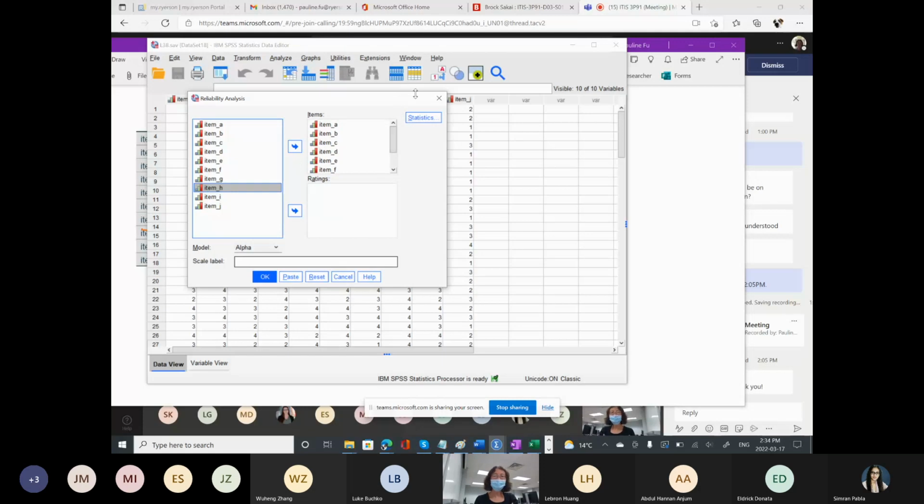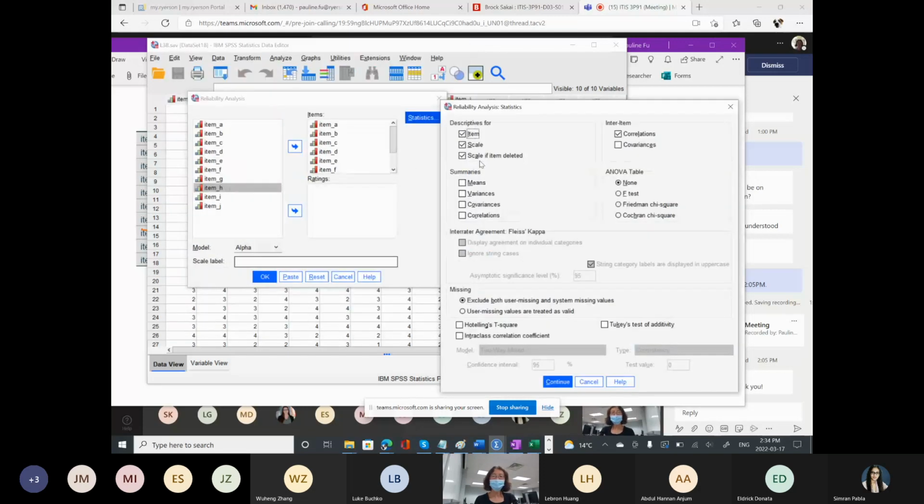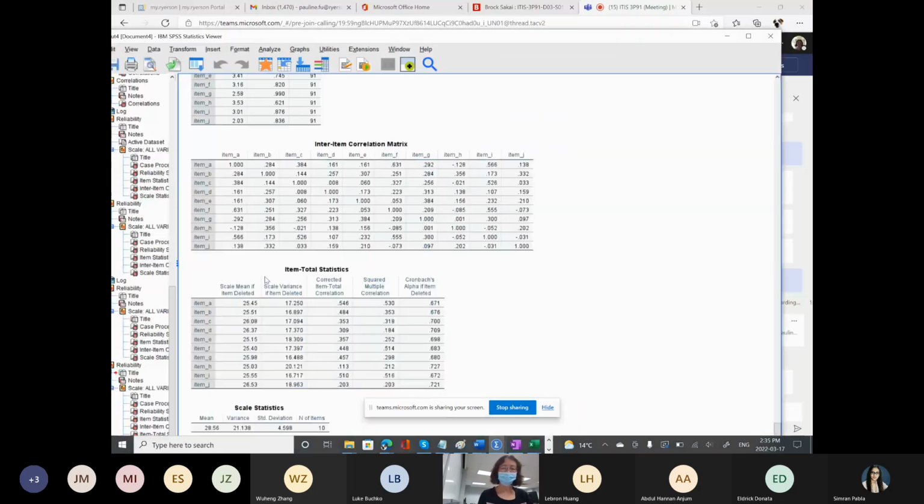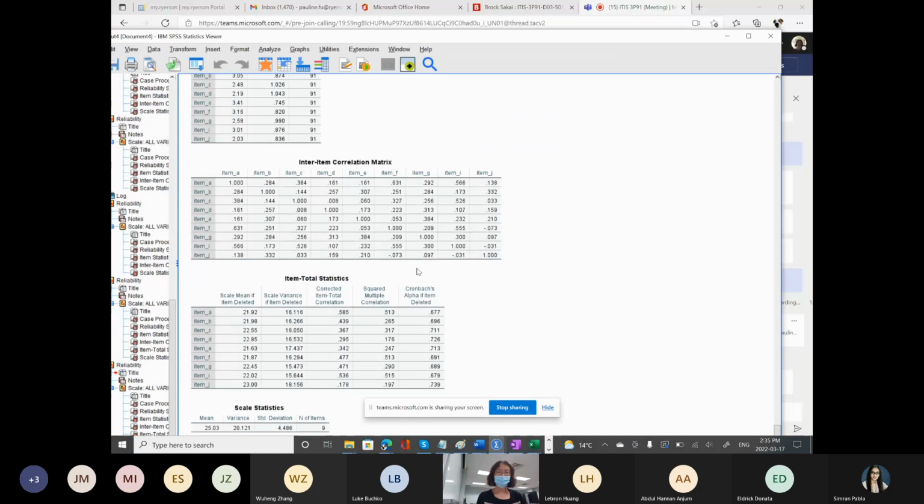Okay, and now click Statistics, repeat yourself. Under descriptives, select item, scale, scale if item deleted, correlation. Click continue, click OK. So now you have this one.